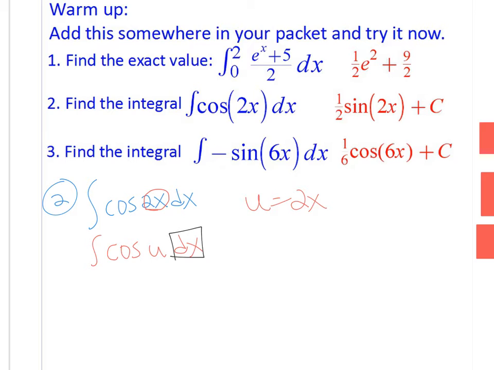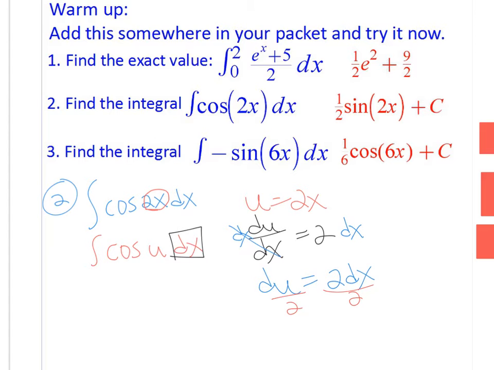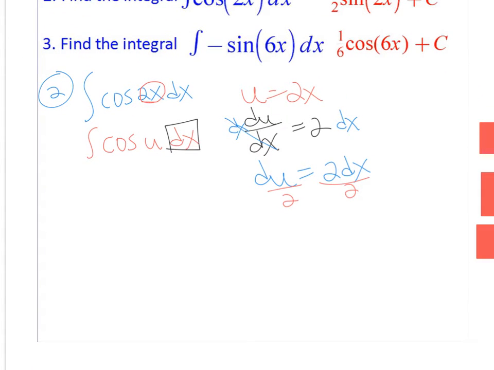So I'm going to take the derivative of u and manipulate that around so that I have the dx by itself. So now I can replace dx with du over 2.